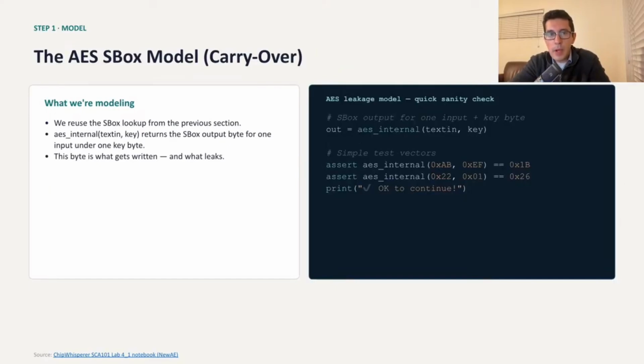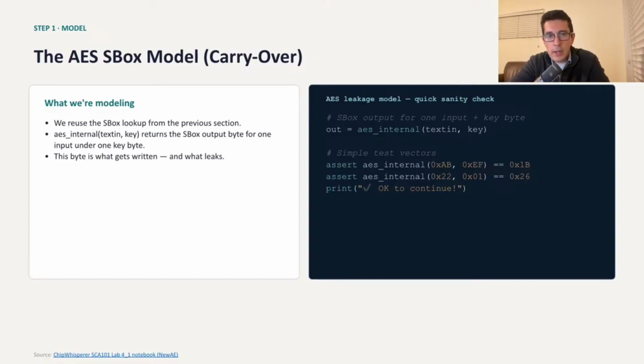And so step 1 is to reuse the AES SBox model we already built in earlier labs. We have a helper function, AES internal, that for a given plaintext byte and a key byte returns the SBox output value we believe is leaking in the trace. That output byte is exactly what gets written to a register during AES.